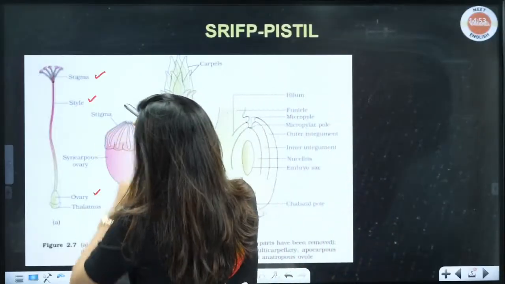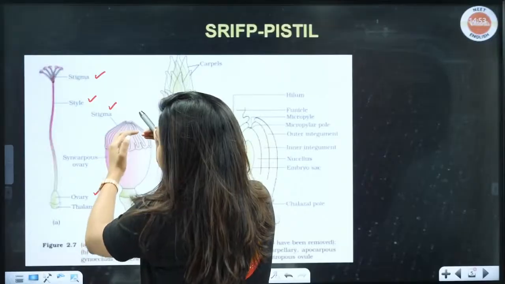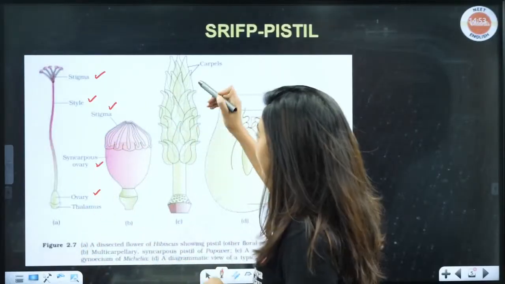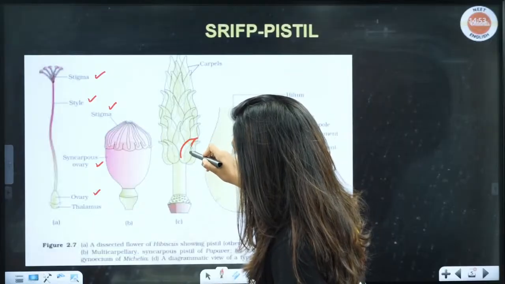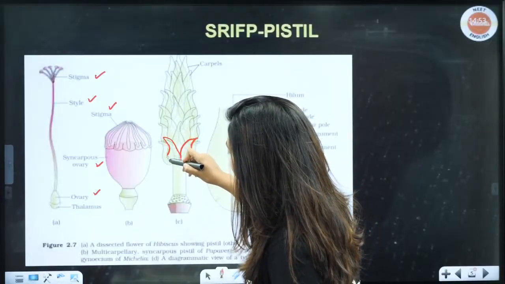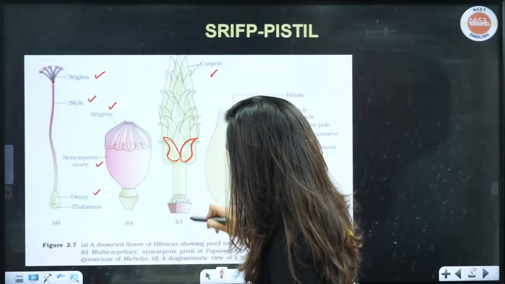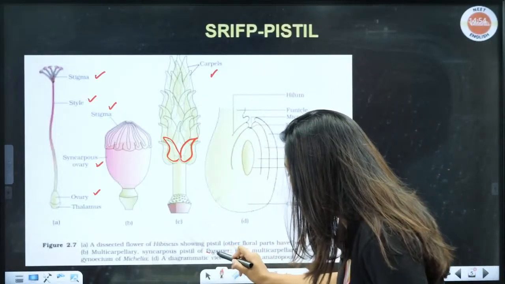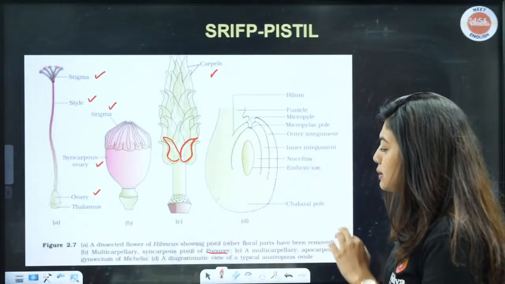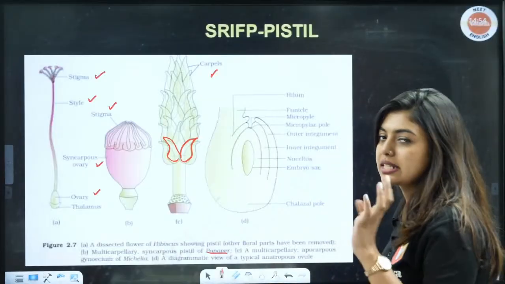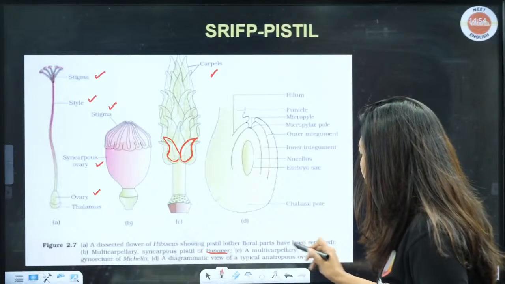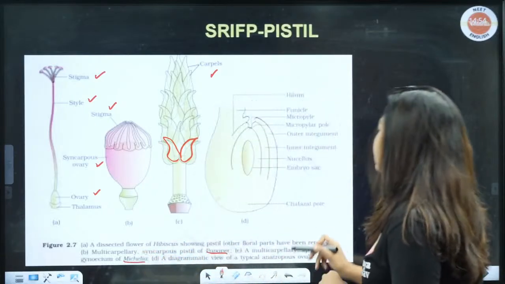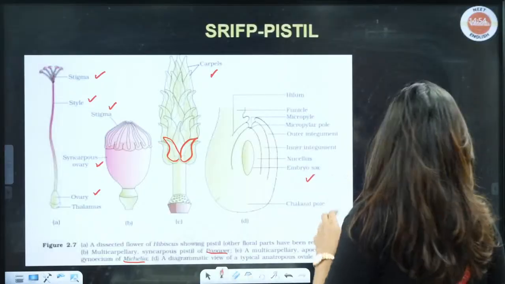Can you see, the entire stigma is fused, so that is why we call it syncarpous ovary. Here look, everything is free. So the carpels are free, so we call this apocarpous. If an example is given, students look, Papaver, MSP, Papaver, that is the example for syncarpous. Look here, multicarpellary apocarpous, Michelia, so ma'am. Next is a diagrammatic representation of an anatropous ovule, we will come to this.